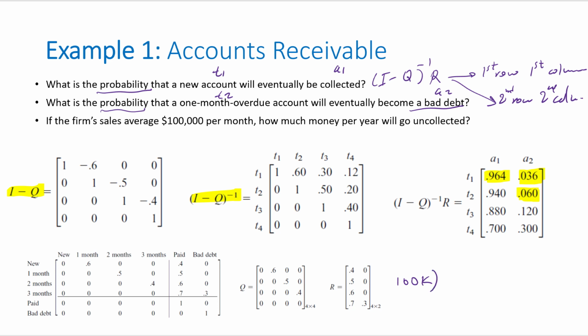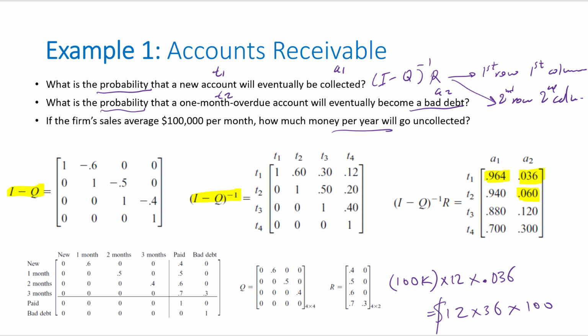So I write 100,000 times 12, because I'm calculating it per year. 100,000 times 12, and that times the probability that they go uncollected, or the fraction of them that go uncollected, 0.036, and I will get 12 times 36 times 100, whatever that number is in dollars.